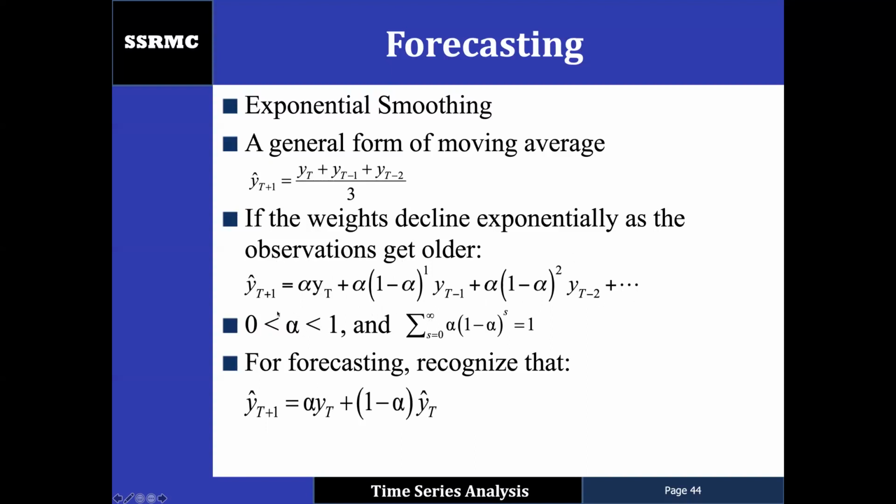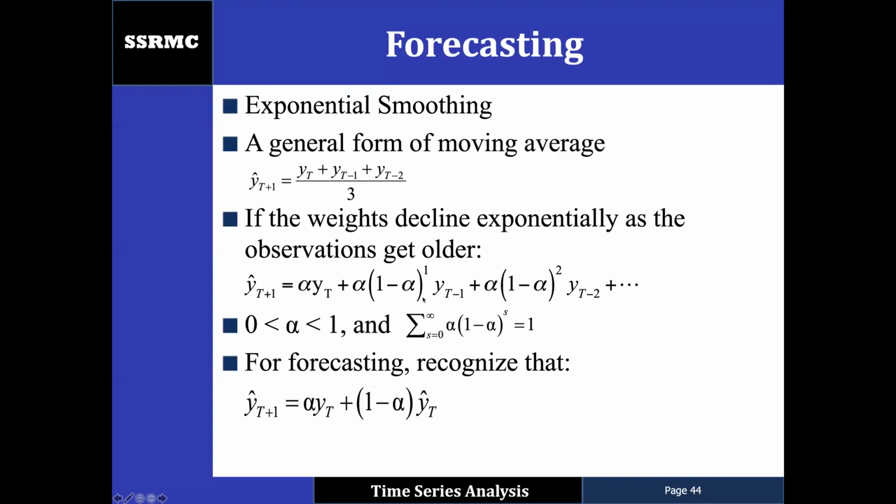So we use alpha to control the weight on all of those historical observations. Based on this equation, the weight will decay over time. Mathematically, we can demonstrate that the summation of all the weights equals 1. They sum up to 1, which satisfies the criteria of a weighting system.